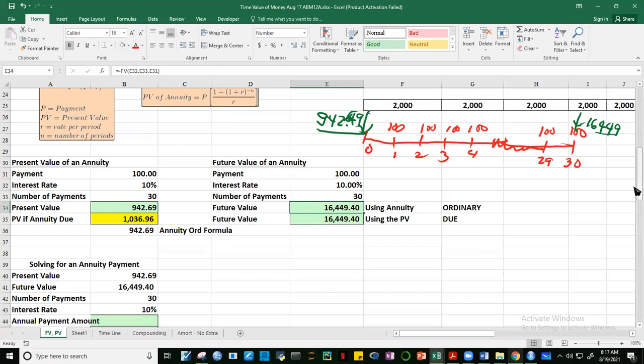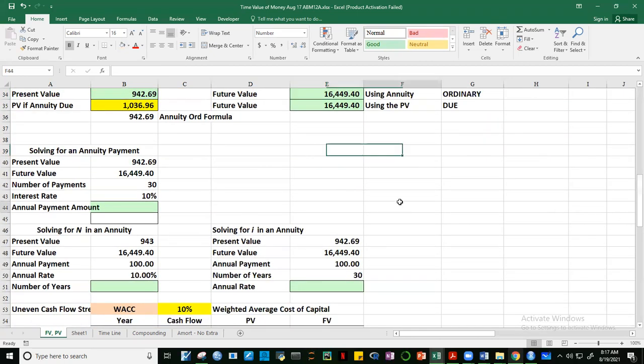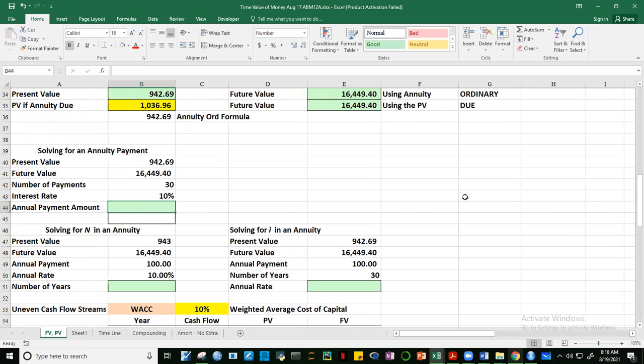Okay, now let's reverse the question. Sabi dito, meron kang 942 na present value or 16,449.40 na future value. 30 years payment yon, interest rate at 10%. Ang tanong, magkano yung annuity? I'll give you again a few seconds.